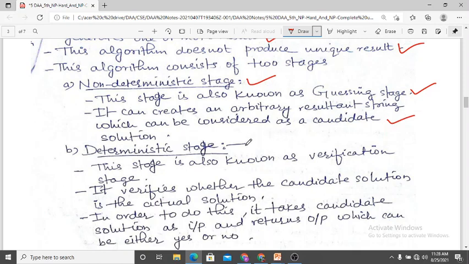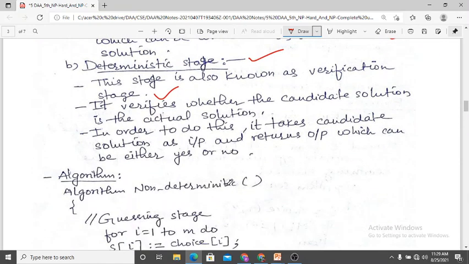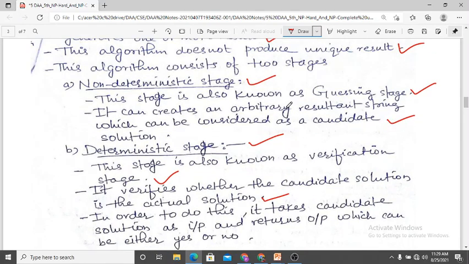The deterministic stage is also known as the verification stage, and it verifies whether the candidate solution is actual or not. But in the non-deterministic stage, the result is arbitrary, whereas here we are checking the actual solution.